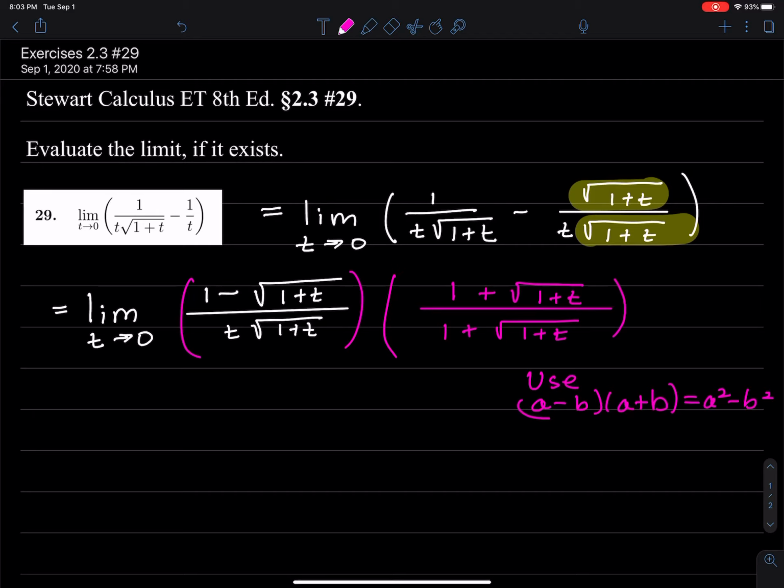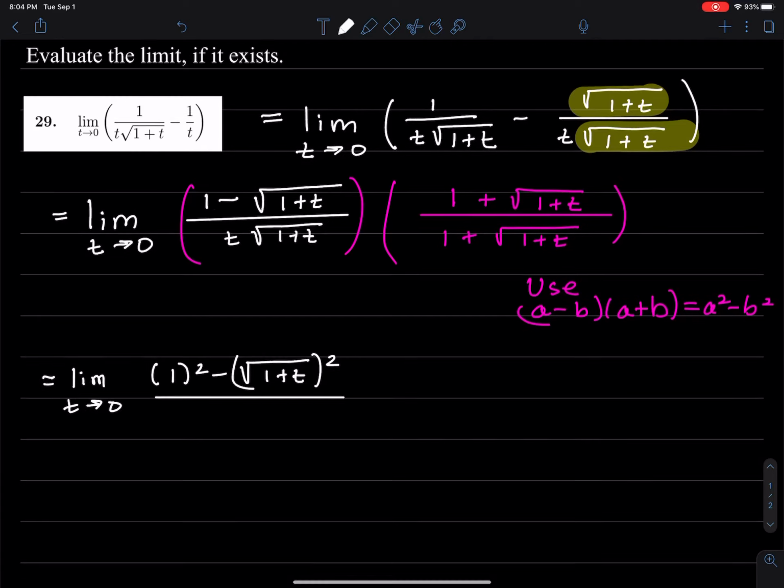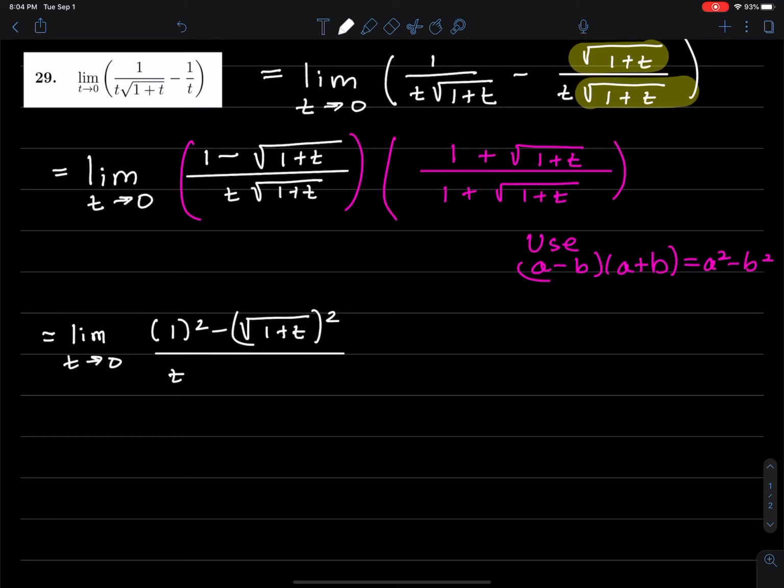Because we have a minus radical, a plus a radical. So, back to the white ink, if we want to call it ink. I'm going to get in the numerator 1 squared minus radical 1 plus t, that expression squared. And we'll see that everything's going to come together.